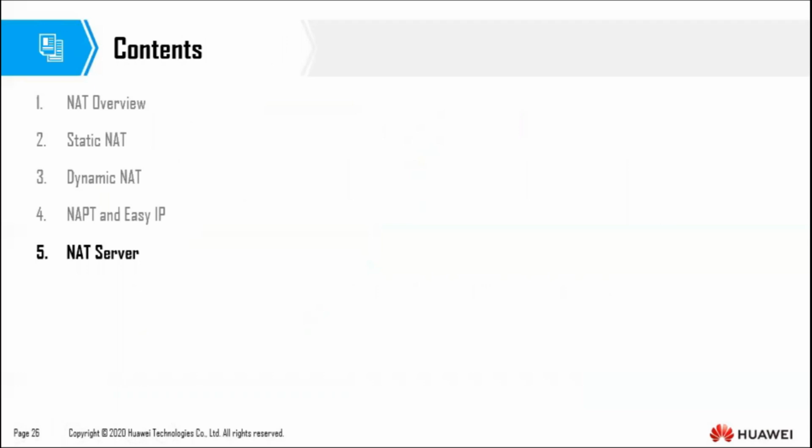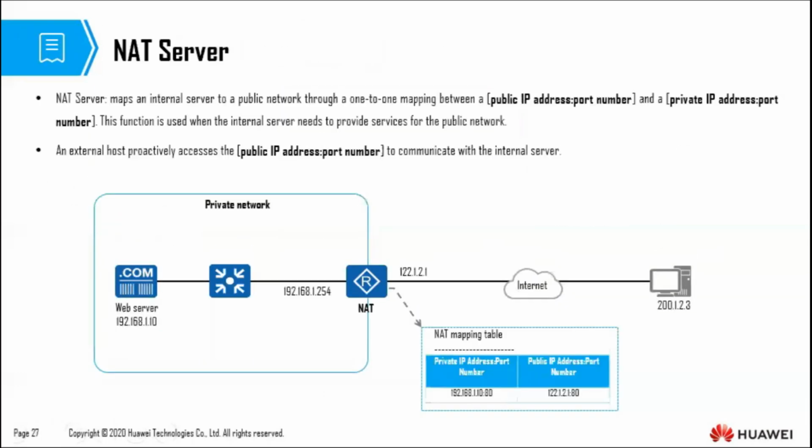The last one is called NAT Server. So what is NAT Server? NAT Server maps an internal server. For your servers, for example your web server, you want your web server to be able to be accessed from the internet so that people outside your network can access your website or email through the web.